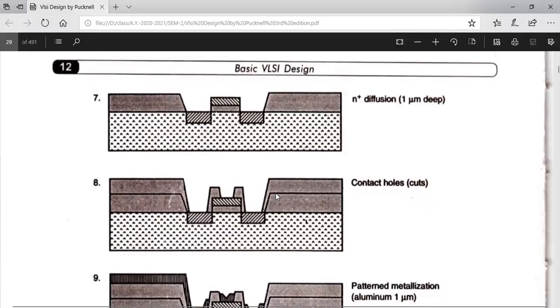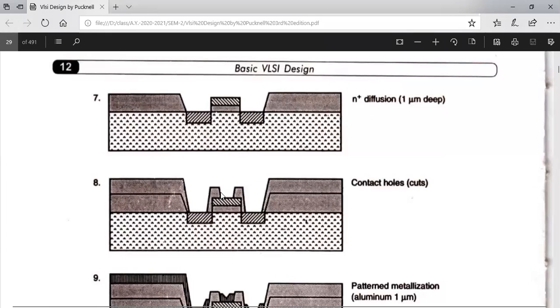Then after that, I once again go with the thin oxidation process. Again, I will be growing oxide all over the total material, and I will make some contact holes with the help of the etching process.